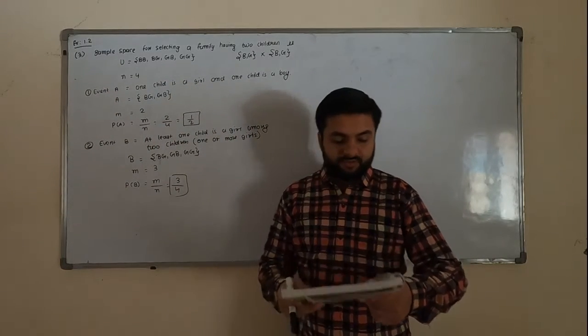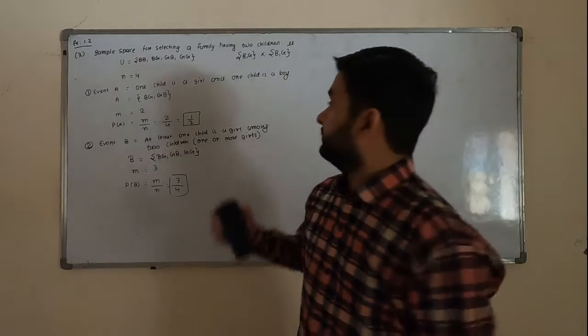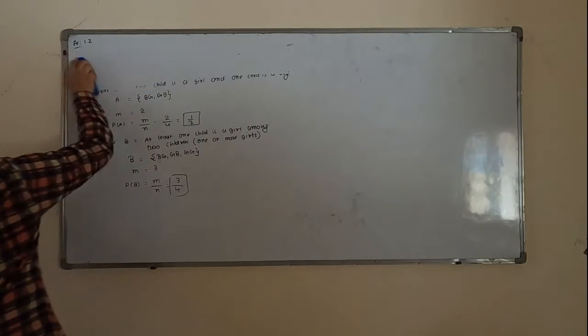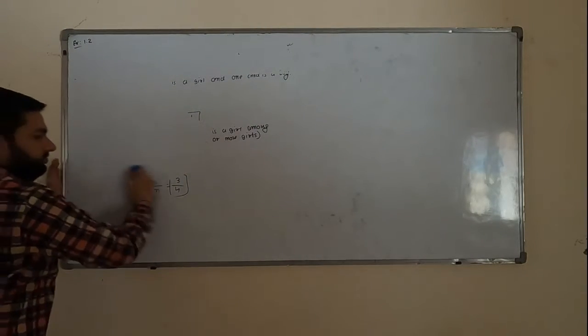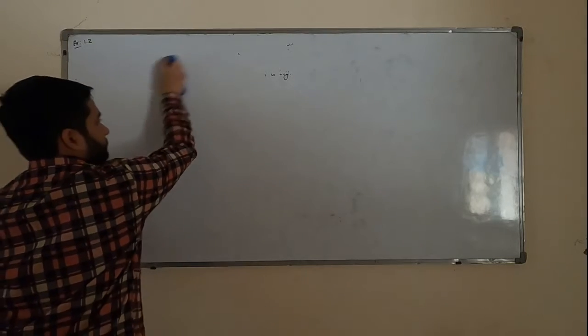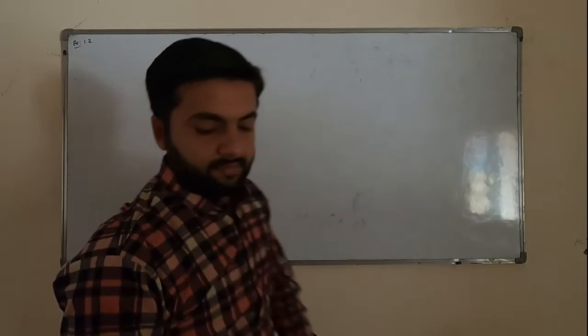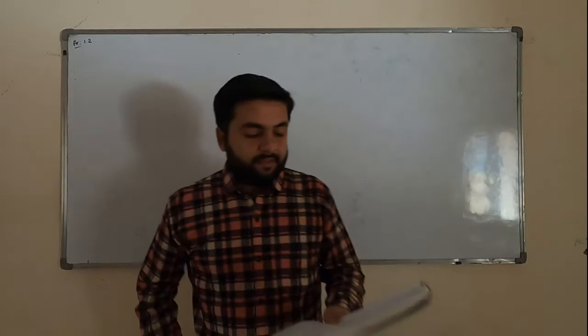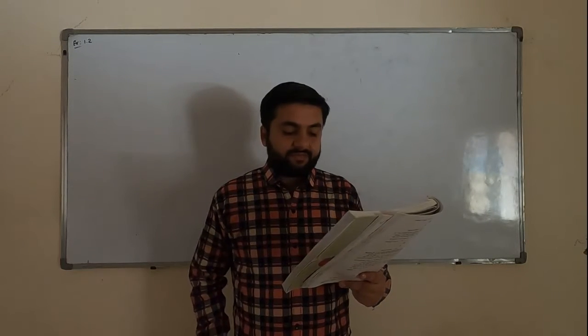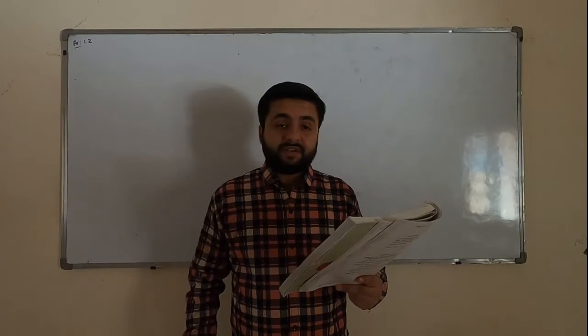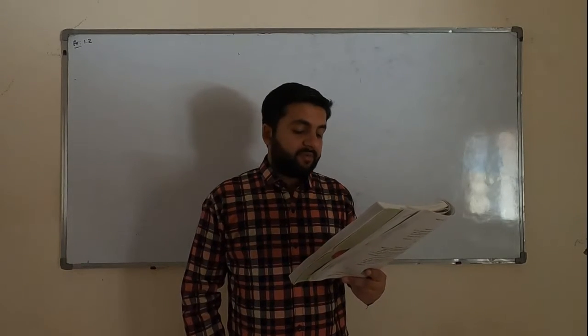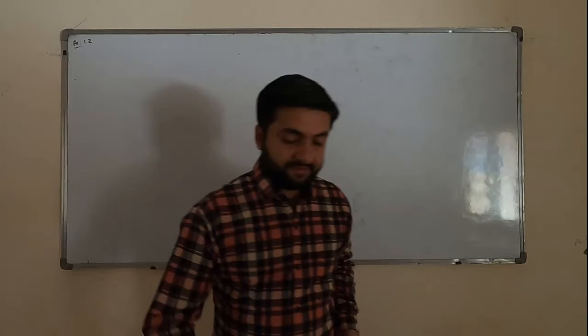Going for the fourth sum. One number is selected at random from the first 100 natural numbers. Find the probability that the number is divisible by 7.